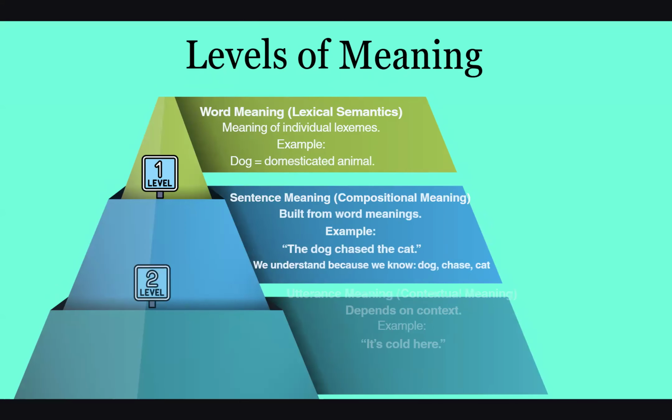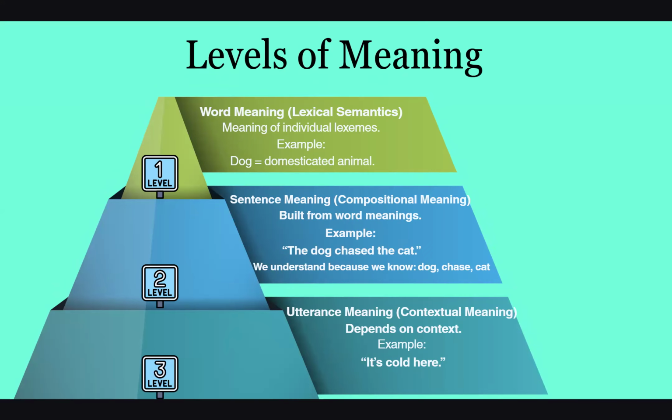Okay, levels of meaning. There are different levels. First is word meaning, lexical semantics, the meanings of individual lexemes. For example, dog, or cat is a domesticated animal.